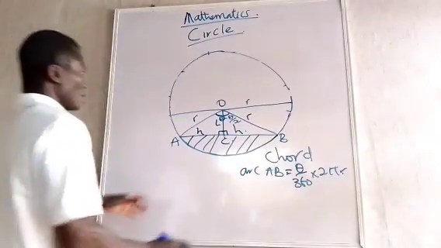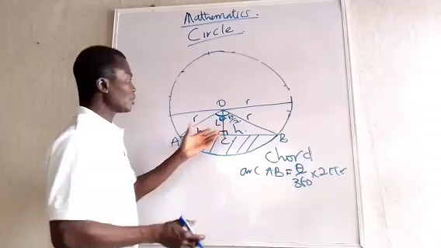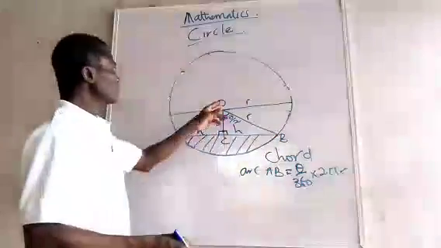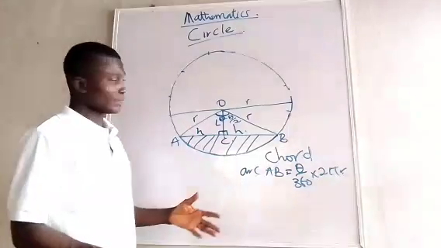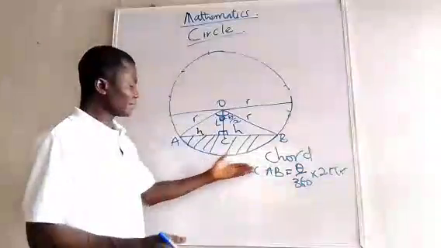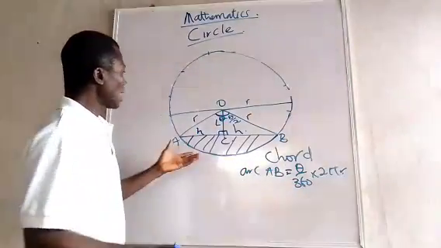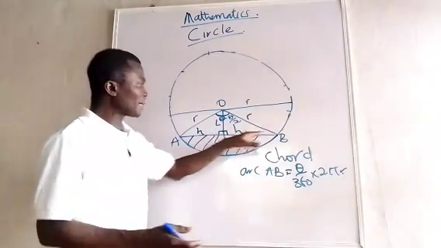We have seen that by knowing the length of the chord, and the distance of the chord from the center, you can find the angle. Now, you can also find this angle just by knowing the length of the chord.